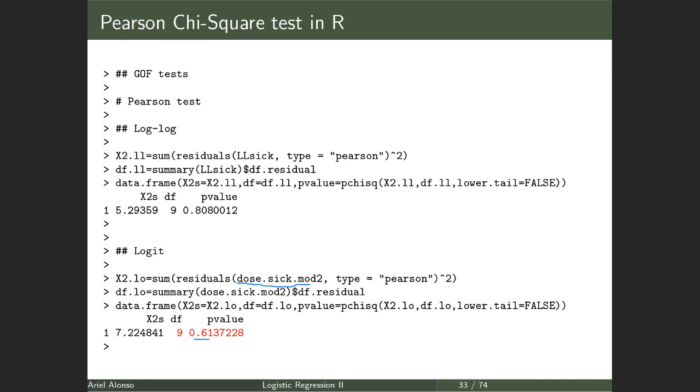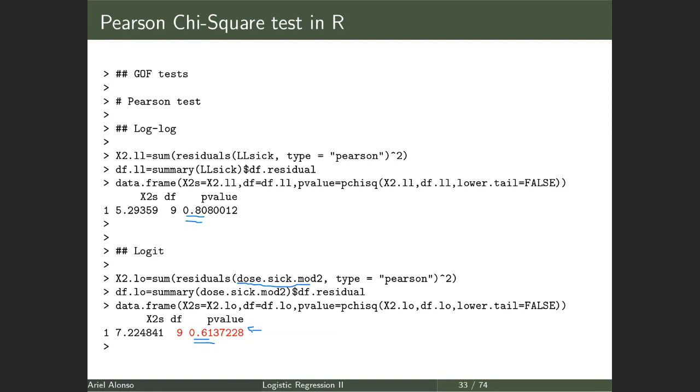However, notice that the log-log link seems to produce a much larger p-value than the logistic regression. Roughly speaking, I would say this model seems to give a better fit to the data than this one over here. But we will study that more later on. Based only on this test, we don't have any evidence against the logistic model either.